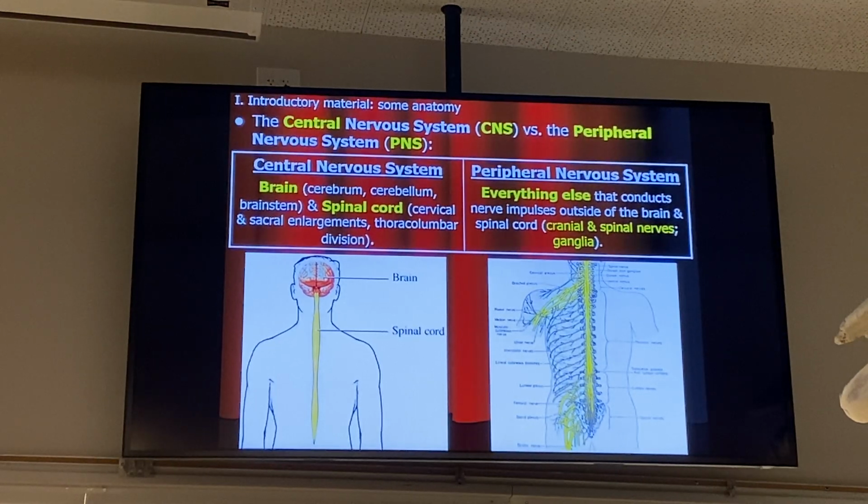Gross anatomical distinction only. The same neuron runs in both. There are some neurons that are only CNS and some neurons that are only PNS, but a lot of neurons run in both. Motor neurons have their cell body in the CNS and the axon in the PNS. It's the same single neuron. Everybody got it?